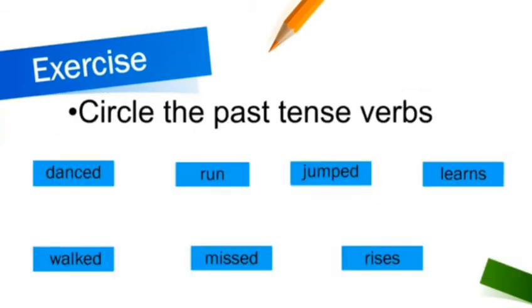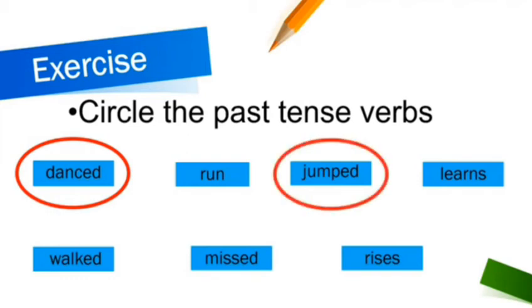Now circle the past tense verbs. We know that ed is added to the words in the past tense, isn't it? Can you find? Excellent. Danced. Is run in the past tense? No, it is not. Jumped? Yes, it is in the past tense. Learns?